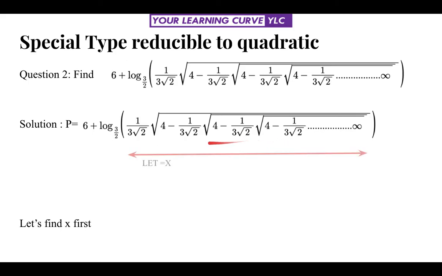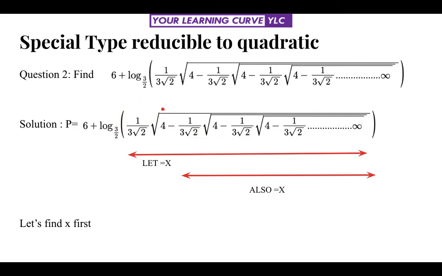So if we call this number x, the entire expression written within the logarithmic form, then we observe that if we remove this term from an infinite number of terms, 1 by 3 root 2 times root over 4 minus 1 by 3 root 2 times root over 4 minus, this is again nothing but x.